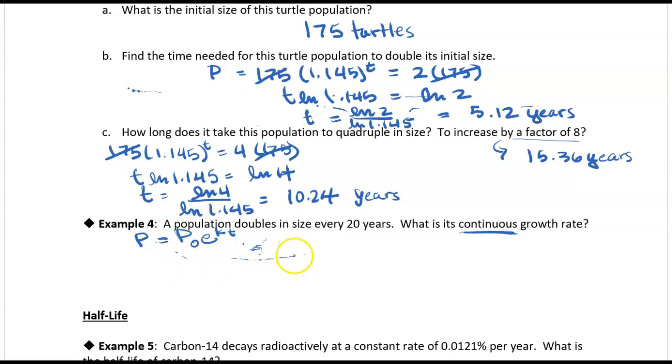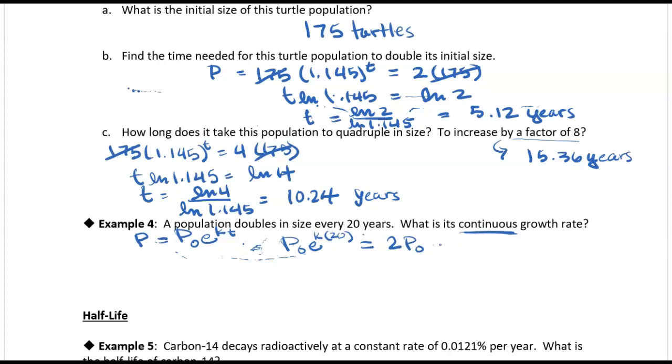So I want to take an initial population, e to the kt, in this case k times 20, because we know that it doubles every 20 years. If we put in t equals 20, we get twice the initial population.